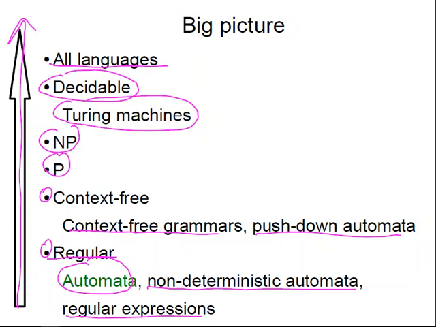P is more powerful than context-free. It is not known if NP is more powerful than P. That's the P versus NP question. It is known that decidable languages are more powerful than NP, and all languages, as we're going to prove, are more powerful than decidable.